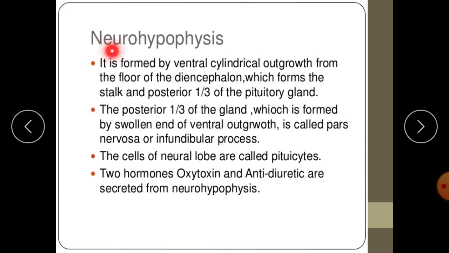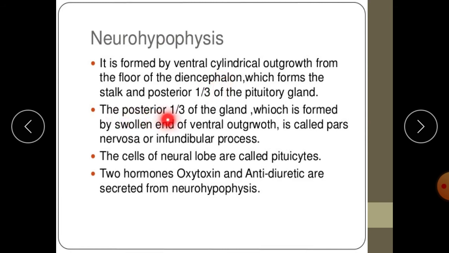Then neurohypophysis. Neurohypophysis is the posterior pituitary. It is formed by ventral cylindrical outgrowths from the floor of the diencephalon, which forms the stalk and the posterior 1/3 of the pituitary gland. It is connected to the diencephalon, and the nerve cells are coming from the hypothalamus.